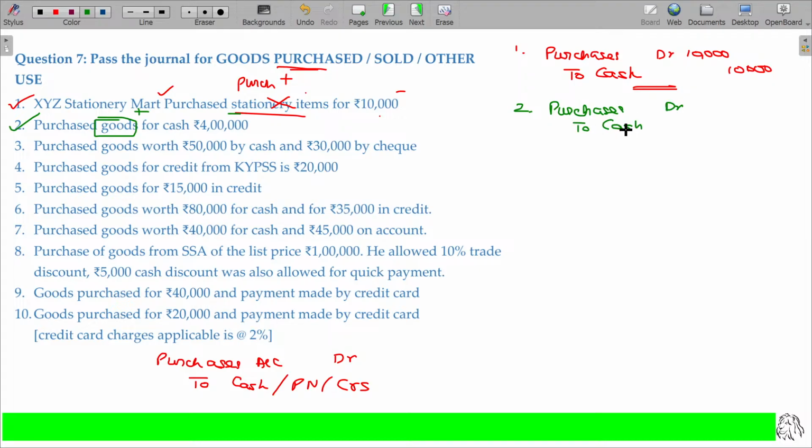Sometimes the purchases may also be named as goods. That way also some books may record, don't get tensed. So either it may be purchases or simply goods account debit. That is also accepted, but customary practice is always to debit the purchases account. Is that okay? So the value being 4 lakhs.